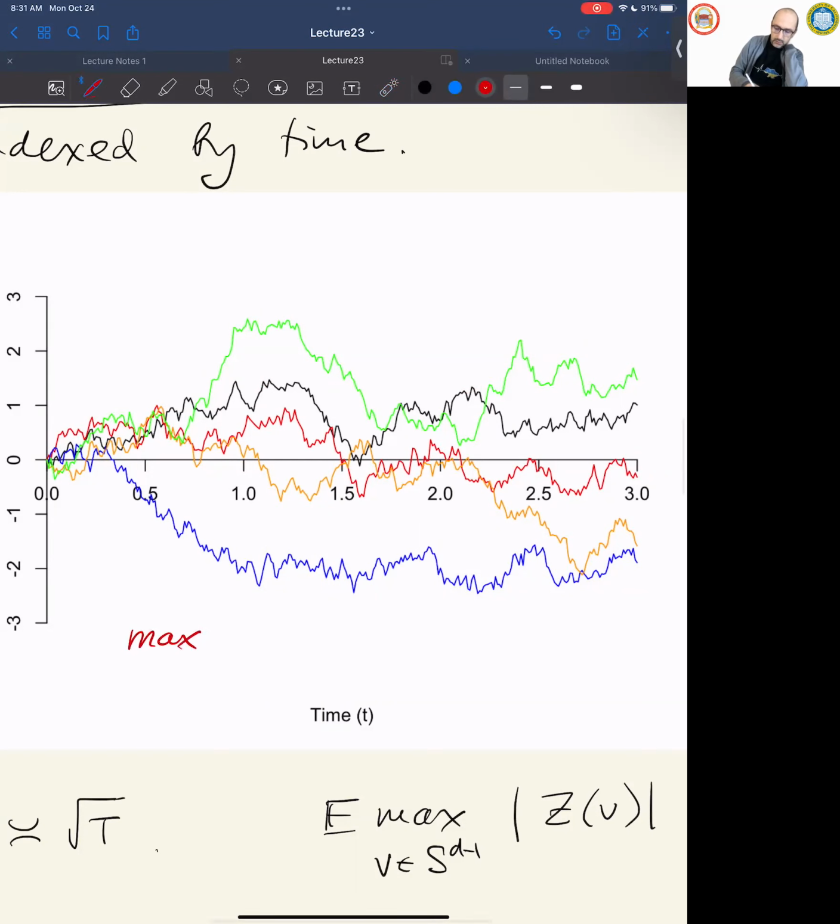The maximum of the Brownian motion, time less than t. Let's just get rid of the absolute value first. As a function of t, should it be linear, logarithmic, exponential in t?